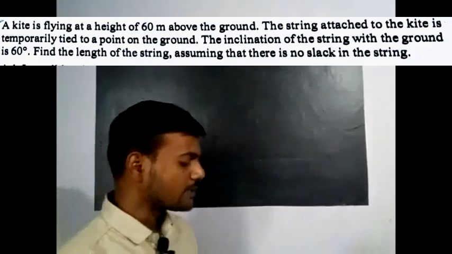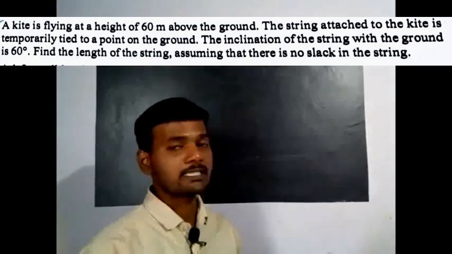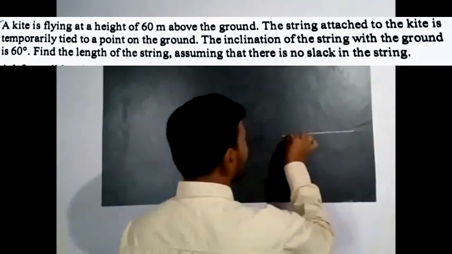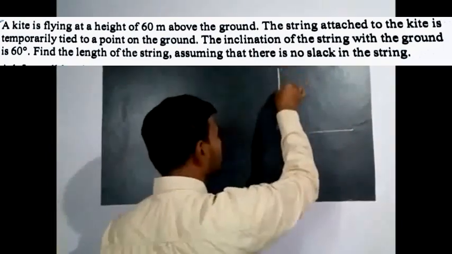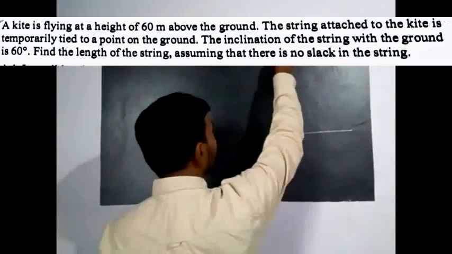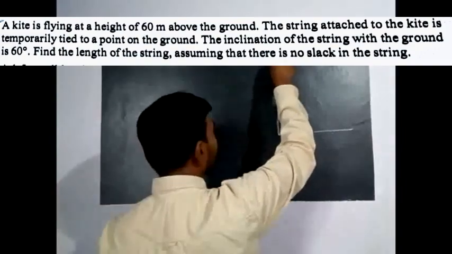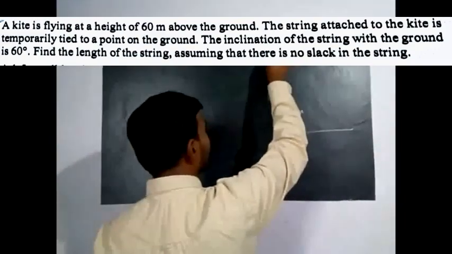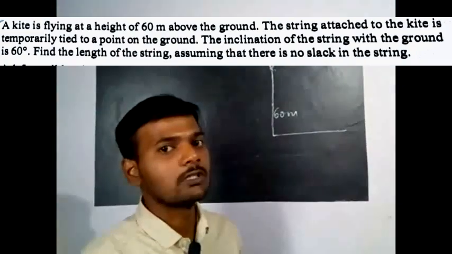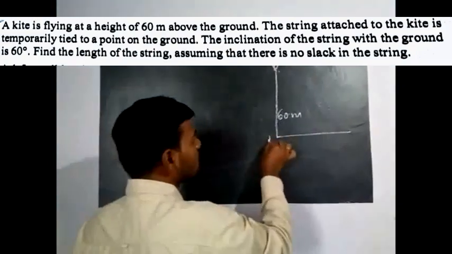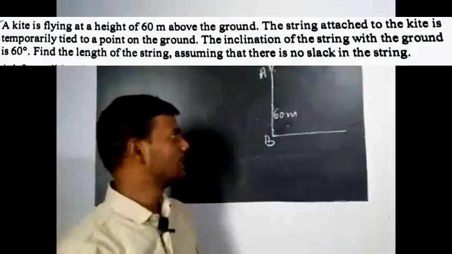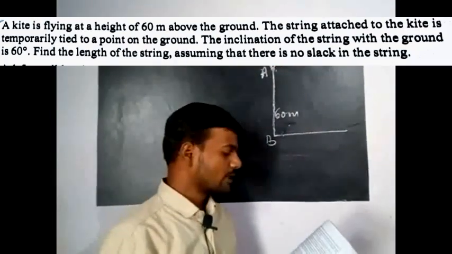Here a kite is flying at a height of 60 meter above the ground. Here is a ground. Okay, the kite is flying above the ground, which is 60 meter above the ground. Let us mark these points B and A. Okay, but then what they are given?